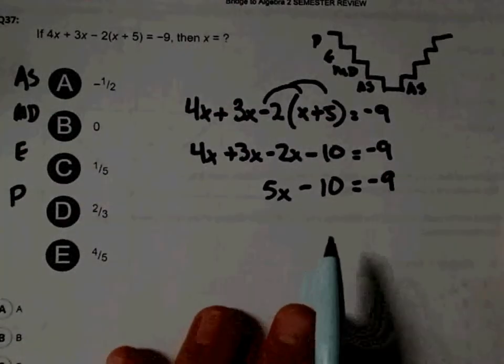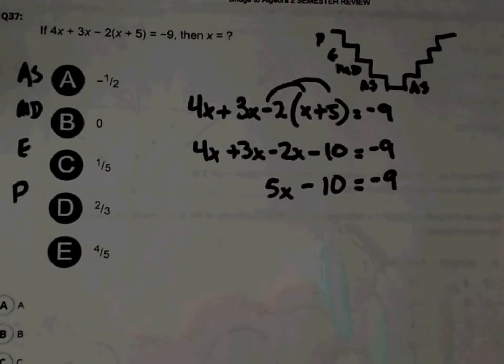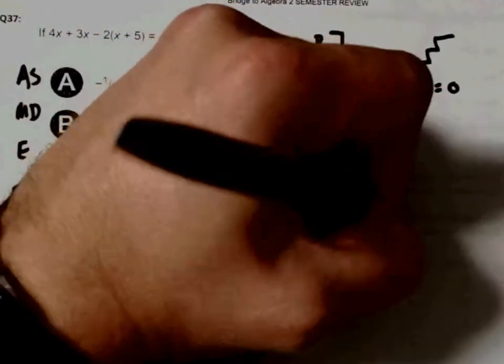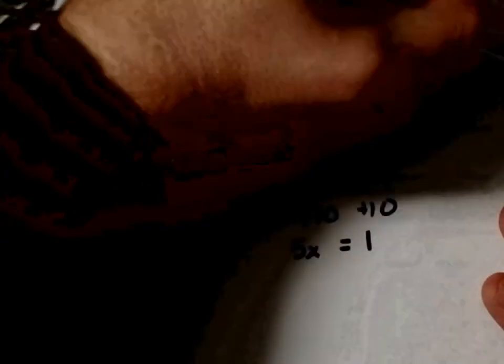Okay? And I'm going to take care of the adding and subtracting here. So when I'm solving, what do I do here? I add the 10 to both sides, because when I'm solving, I want to create a 0. Okay, and so now I've taken care of the adding and subtracting.